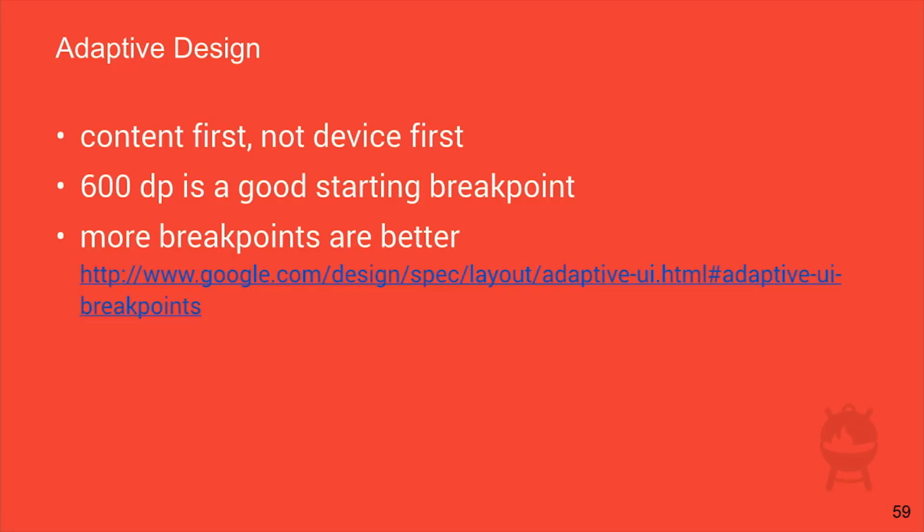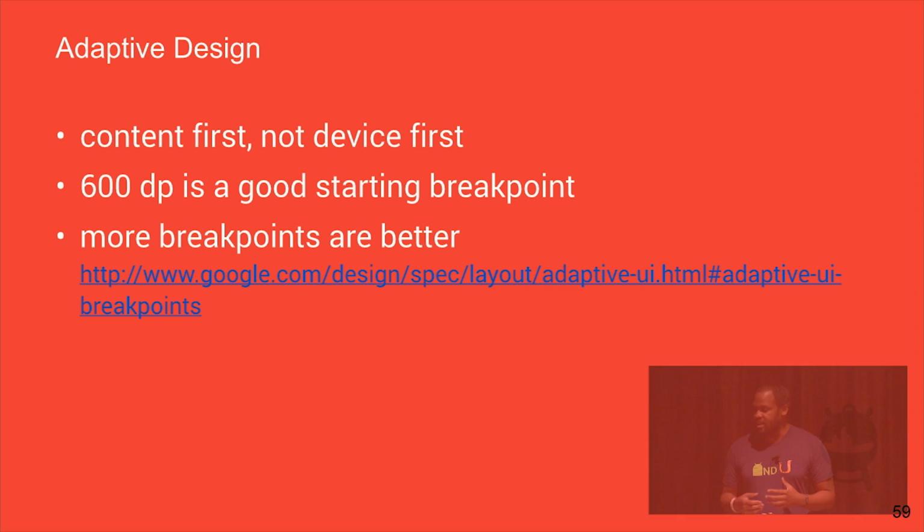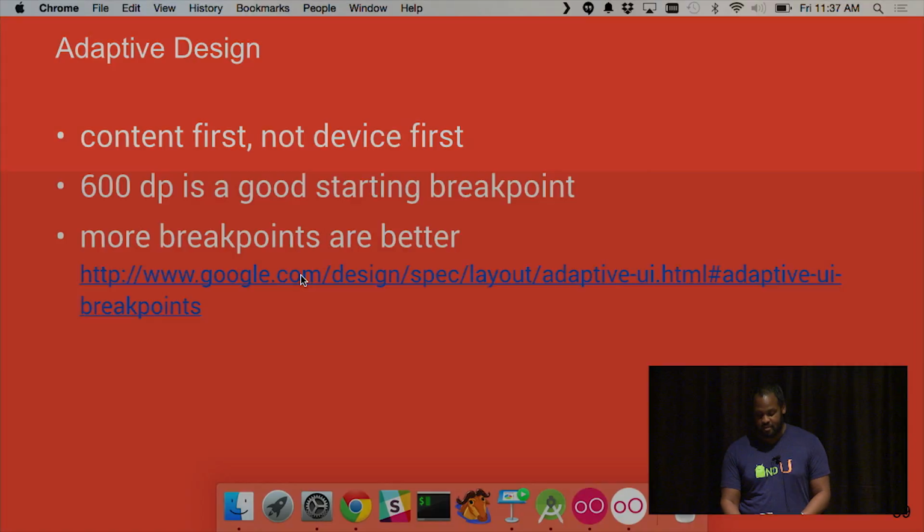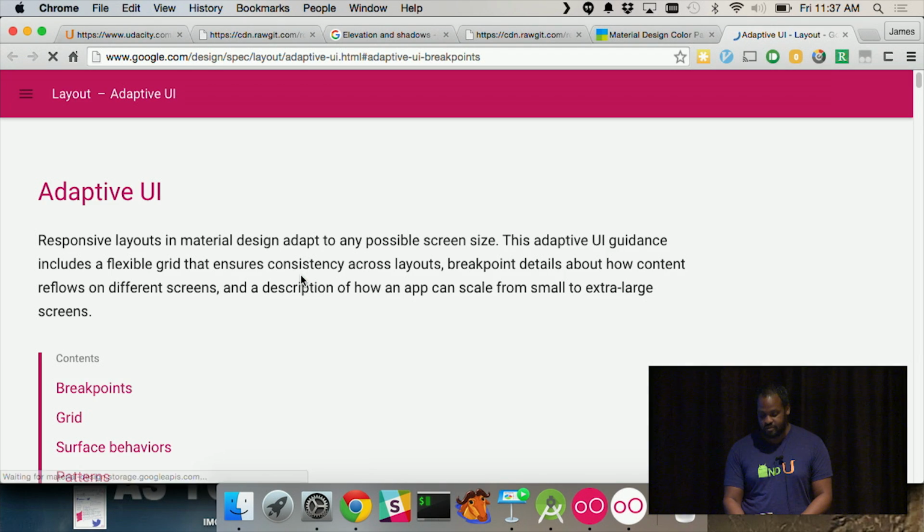And quickly on adaptive design, how much time do we have? Oh, we're good. You should think about your content first and not your device. What I mean is you shouldn't code for a specific device, and instead let the content tell you where things should break up. If you have limited developer resources, having a breakpoint at 600 dips is a good starting point, but there are many others.